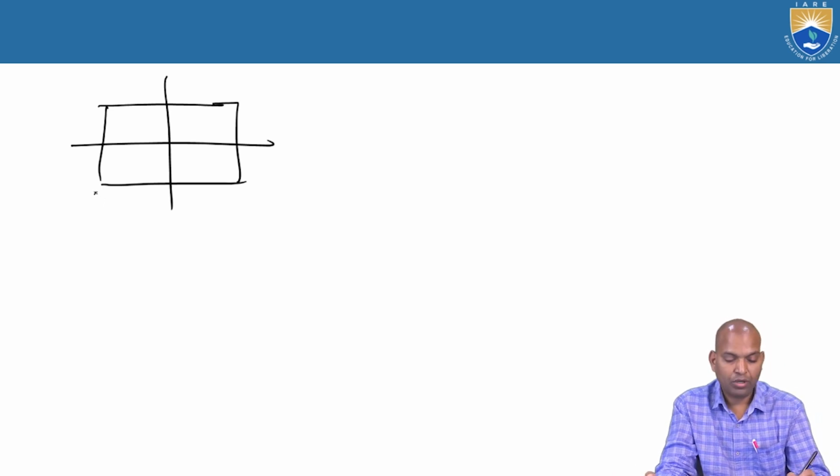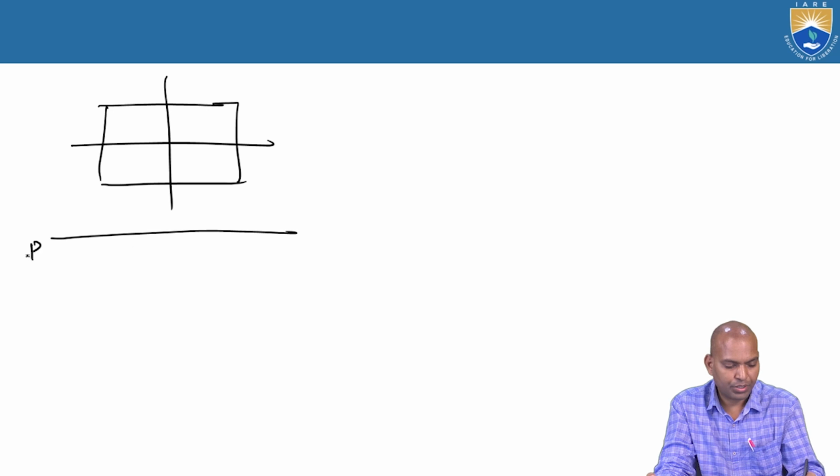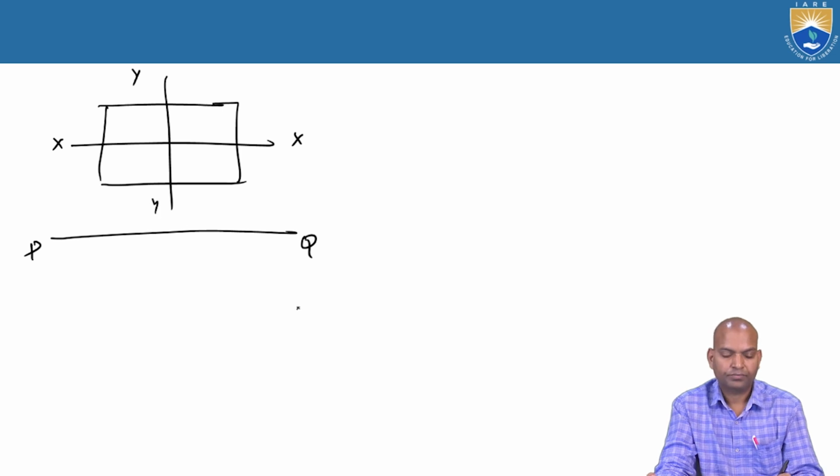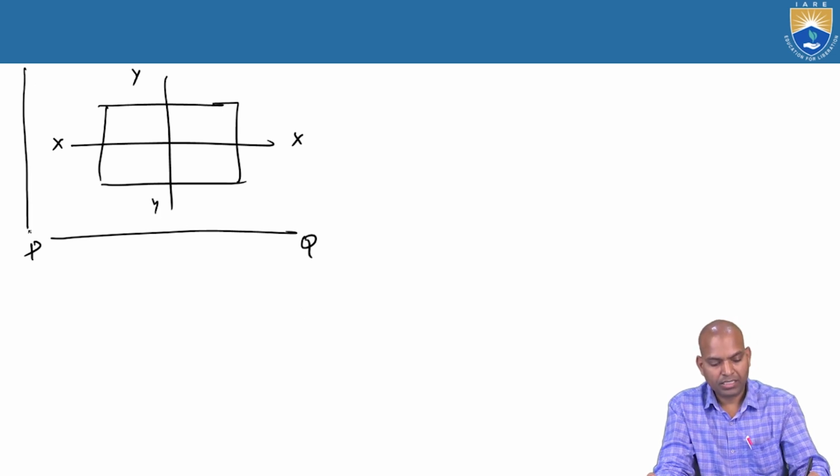Now suppose you want to find the moment of inertia about some line PQ. Here it is XX and here it is YY. Similarly, there is some reference axis RS.